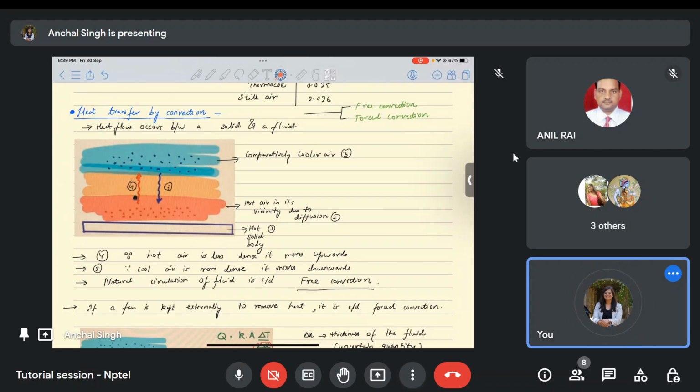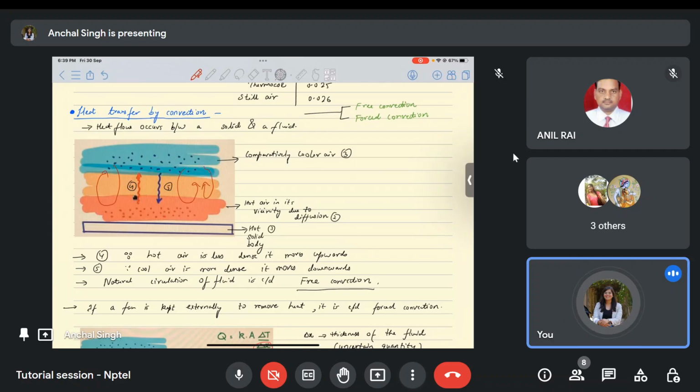Because the orange column is at high temperature and the blue column is at low temperature, the hot air has very low density, so it is light and moves upwards, and similarly the cold air, which is heavier, comes down. So air currents are formed here.